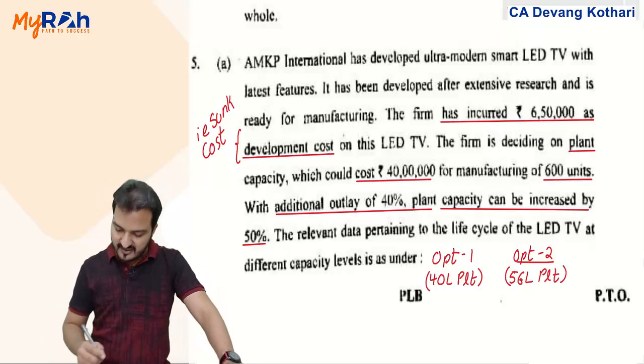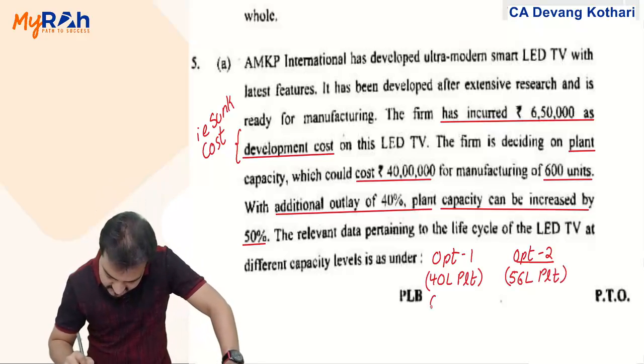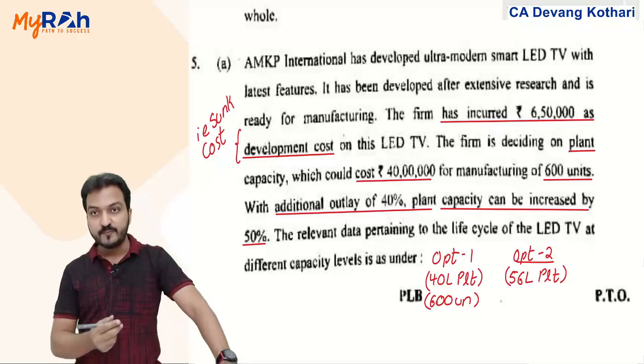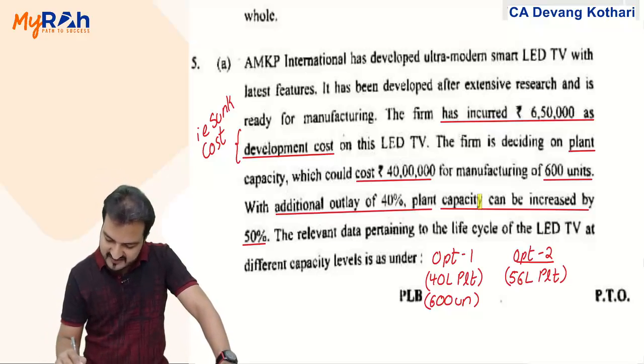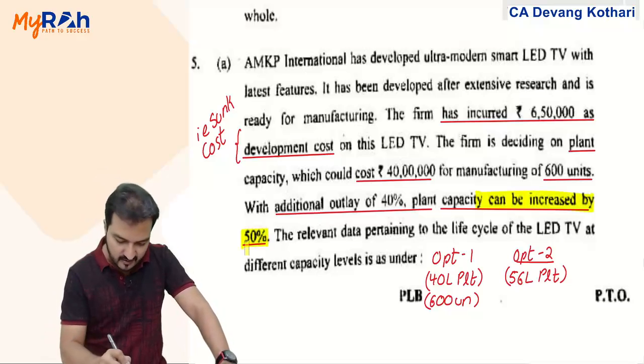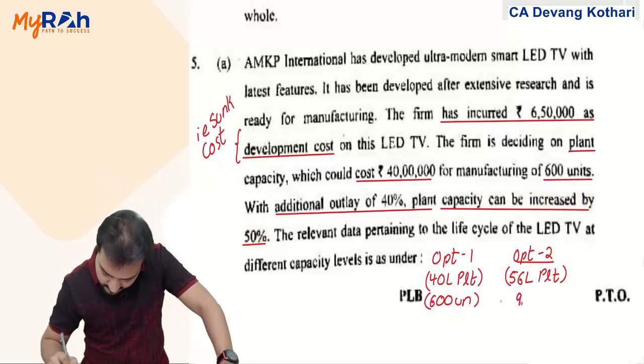If you purchase the 40 lakh plant, it will produce 600 units, and if you purchase the 56 lakh plant, it can increase the capacity by 50%, so that can produce 900 units.